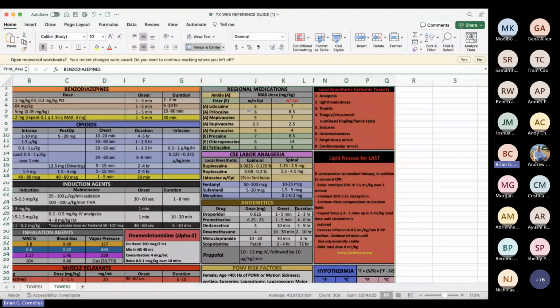Now, with that being said, you will very rarely see anybody use bicarb to speed the onset of things. Usually what you'll see is a combination of a short-acting local anesthetic and a long-acting one. So you may mix like lidocaine and ropivacaine half and half. So you get the fast onset, but you also get a long duration of action from it. Does that make sense to everybody? Do you guys have any questions about local anesthetics?